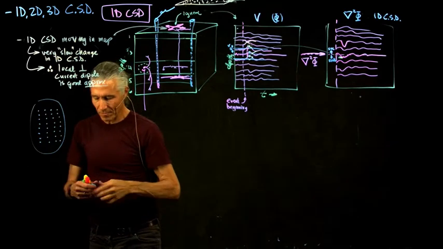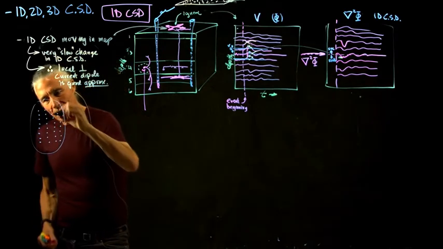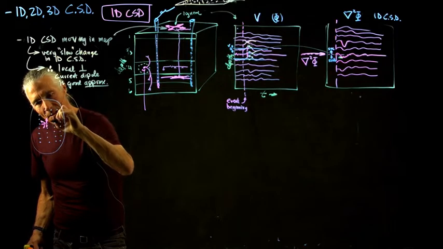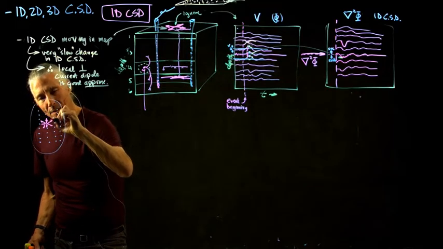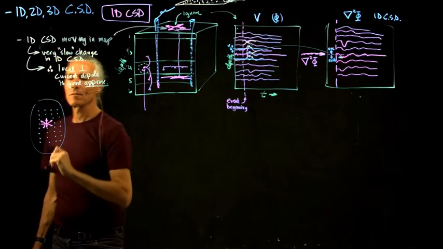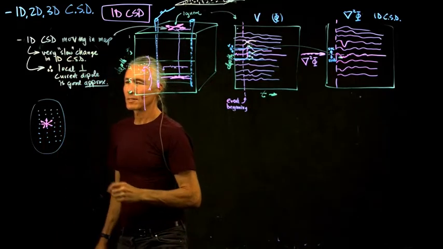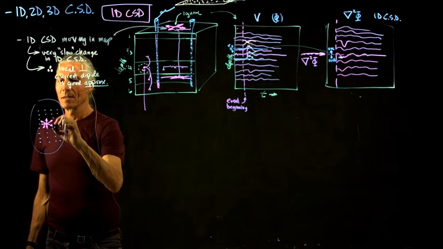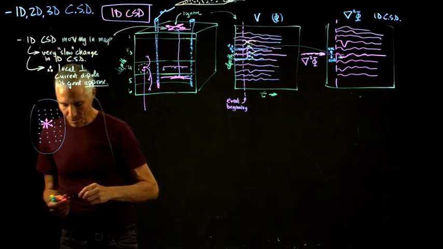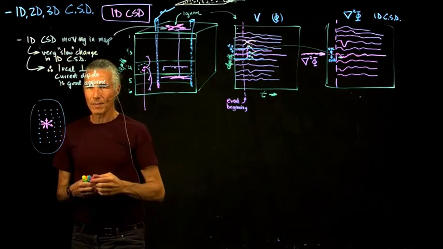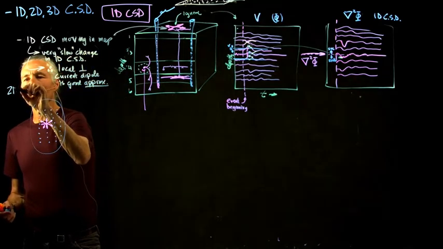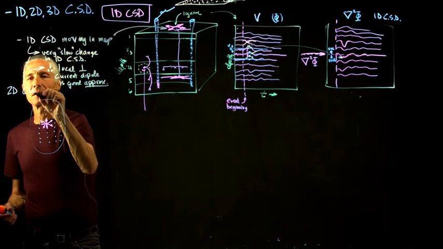And then what do we do? We look at all the neighbors and figure out where you are compared to the neighbors. So compare that guy to all its neighbors, subtract off the average of the neighbors, and that will give us our current source density. But now it's a 2D current source density. So this is 2D CSD.